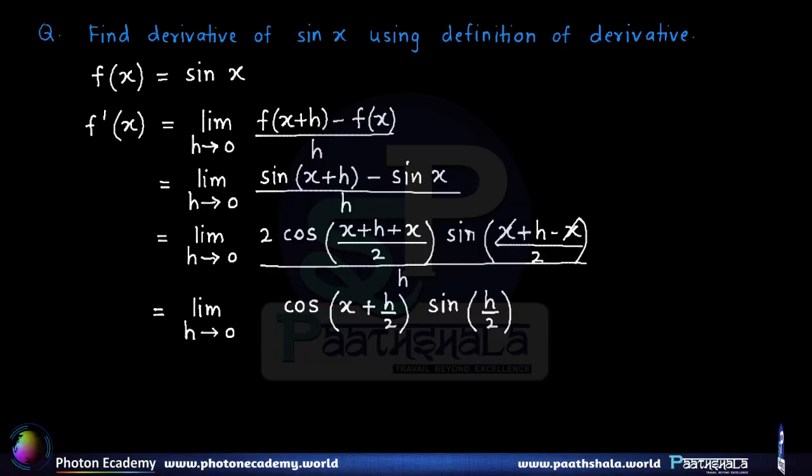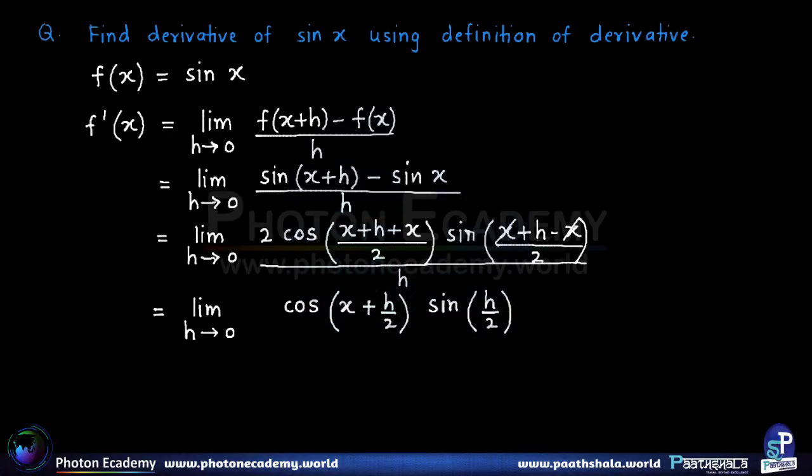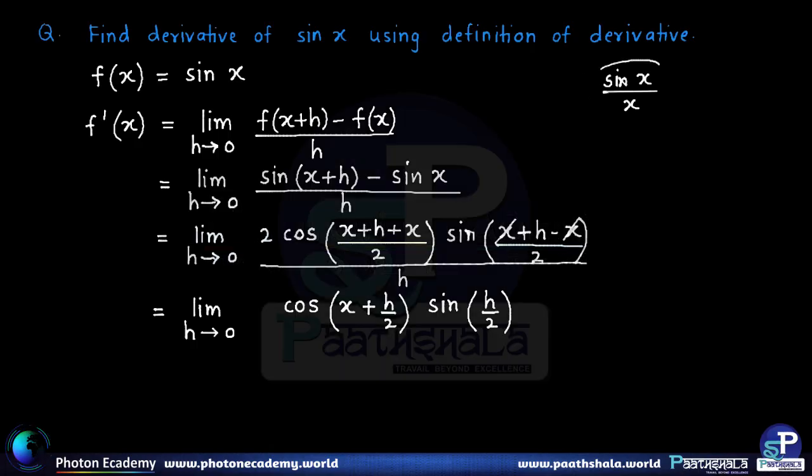Now we sense that we have a sine term, and we know the standard limit, that limit of sine x whole upon x as x tends to 0 is nothing but equal to 1.